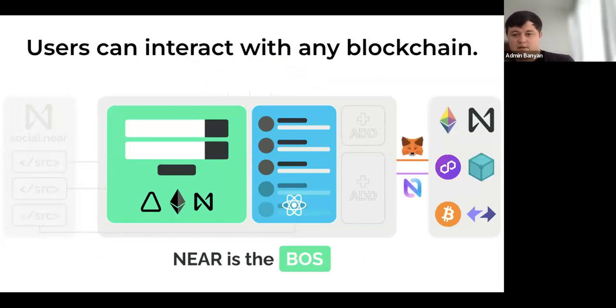And so you can never have a Near account and still use a component that is facilitating the interactions with an Ethereum-based component. So the developers would need a Near account, but the users can use whatever blockchain they're already using.